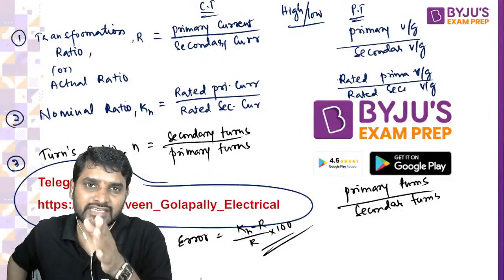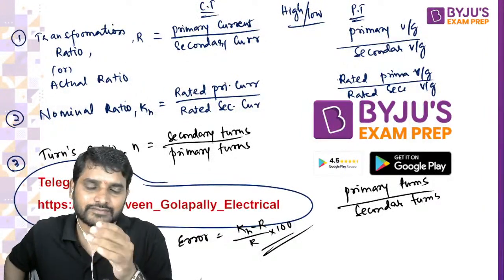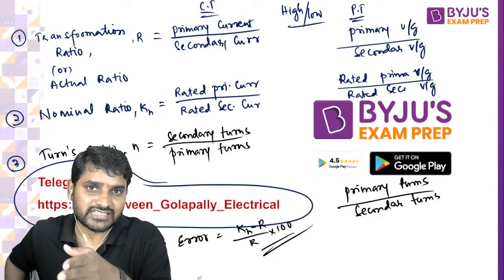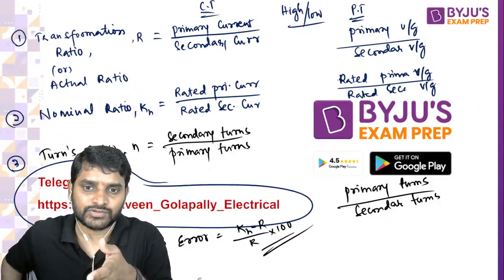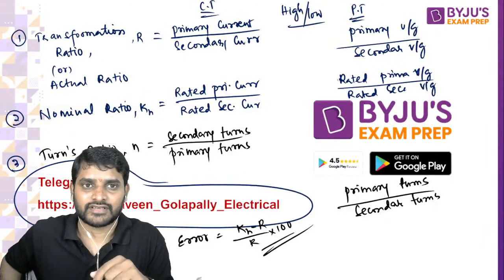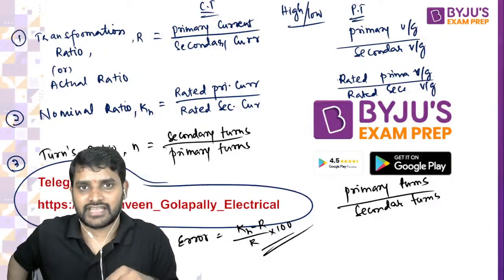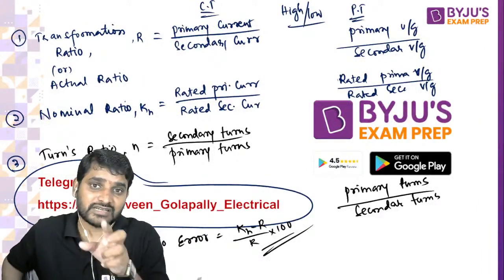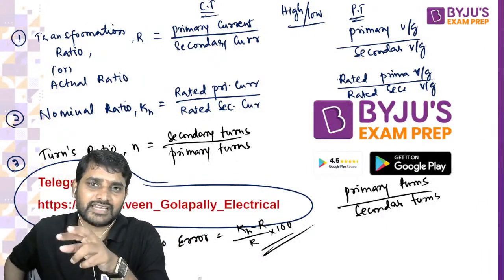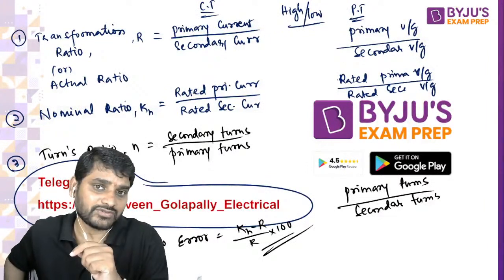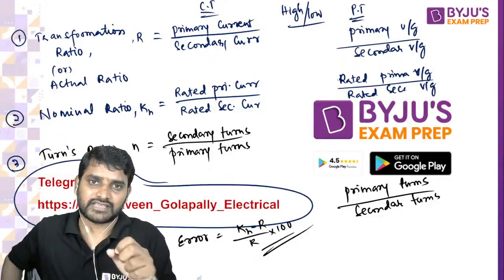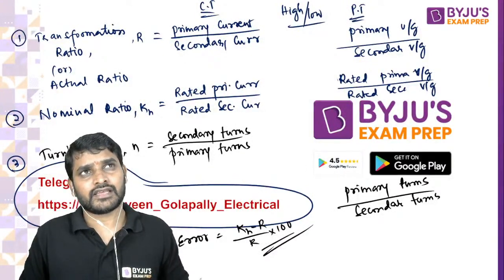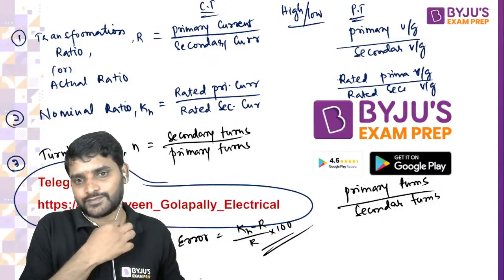Transformation ratio will be like this, I think: N plus IW into cos delta minus I mu into sin delta divided by I2. In that manner, you'll have it. Phase error will be different again, the opposite, you'll get: I mu into cos delta minus or plus IW into sin delta divided by N times I2. That kind of formulas I have given in the formula sheet. If not given, just please ping me. I'll add that also.